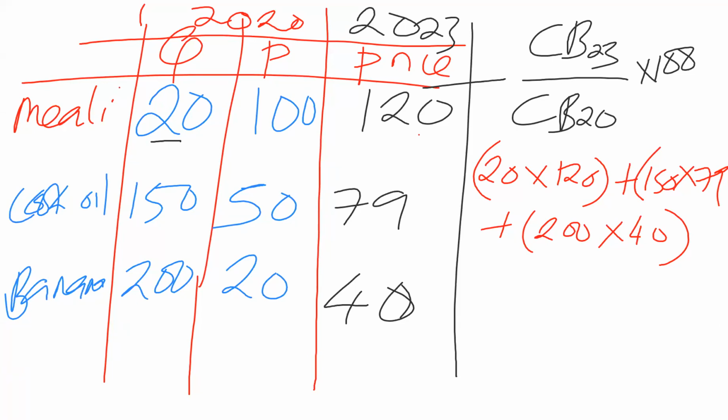What was the cost of living in 2023? It is the quantities of the base year times the prices of the current year. That's how you find the cost of living. What do you get? I'm supposed to calculate.